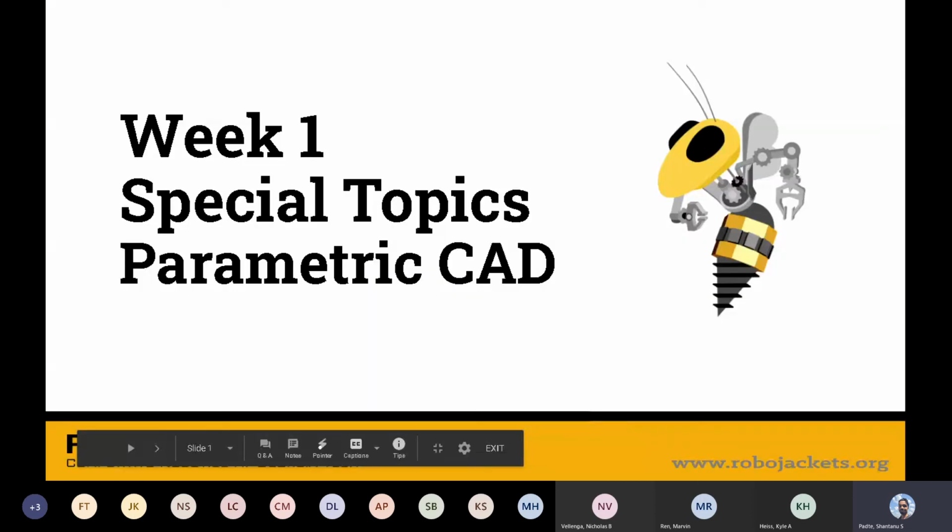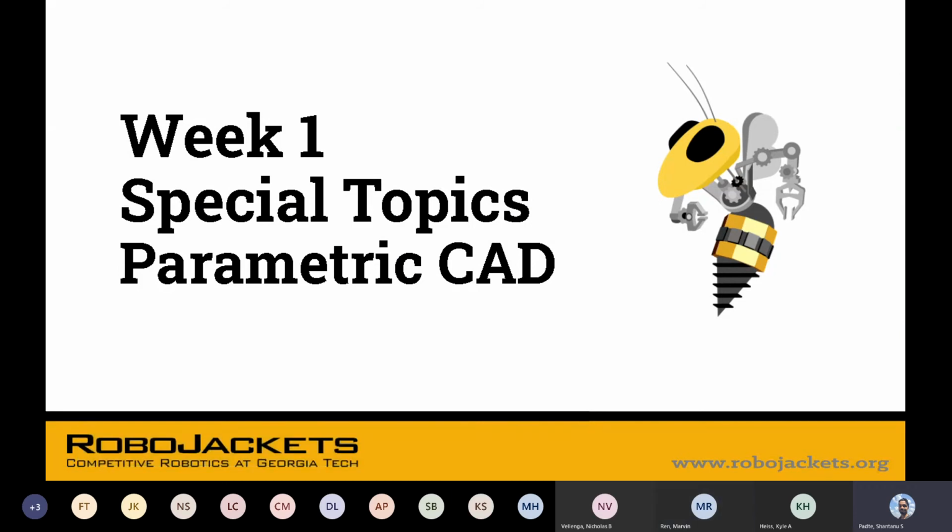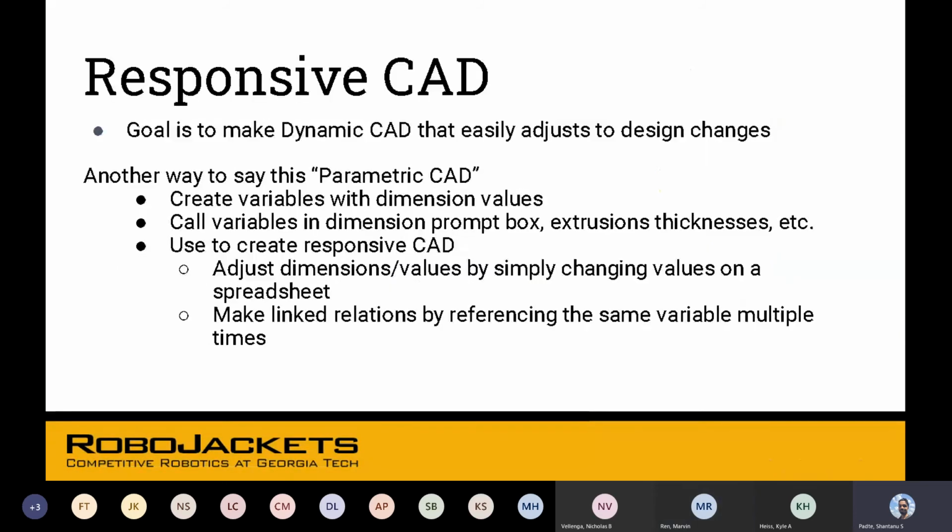Okay. Can you guys see the parametric CAD presentation? Yes. Yep. Okay, cool. Special topic. So when you're making a CAD design, that is basically your first draft. You might want to keep changing a few things here and there. Oh, what happens if I make this part longer? Or maybe I should increase the thickness of this other part.